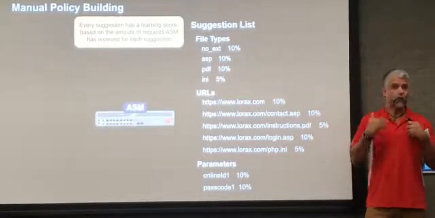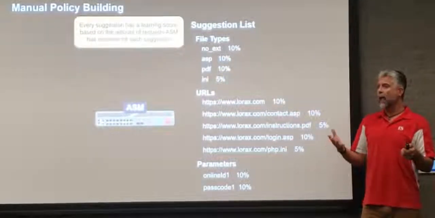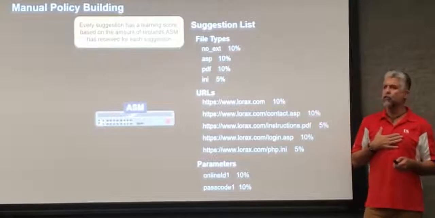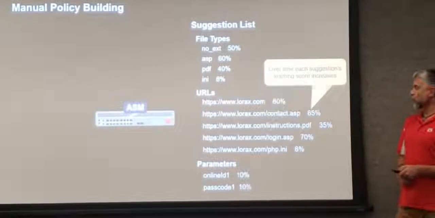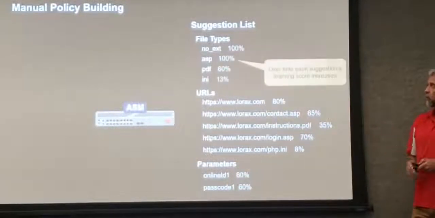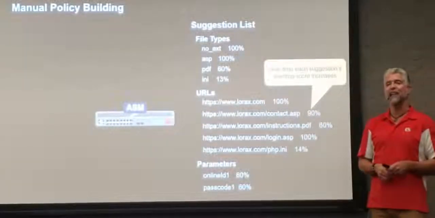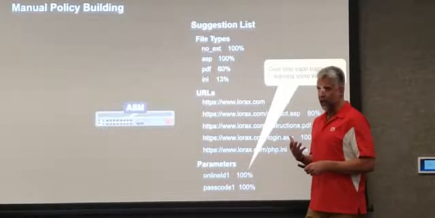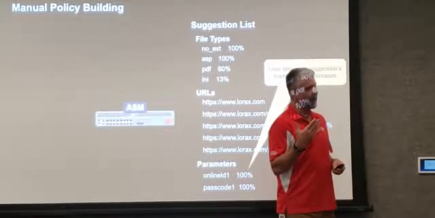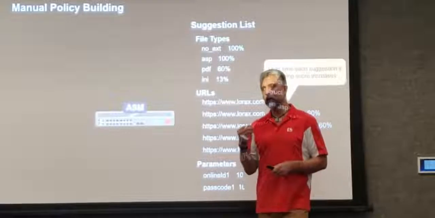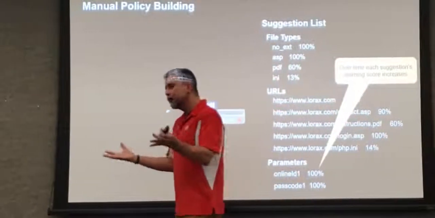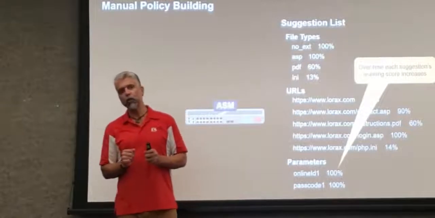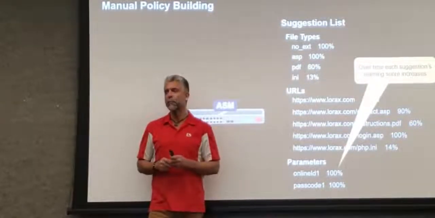And I'm going to use both that learning score and my own knowledge of the web application. Oh, and yes, those learning scores do go up over time. We can keep track of that. Now, the idea here is that when a learning entry has reached 100%, that's essentially the policy builder's way of telling you, hey, you know what?